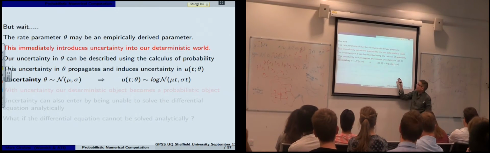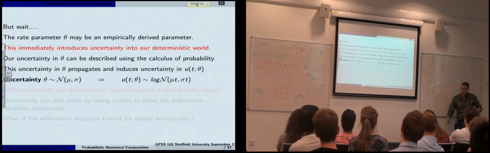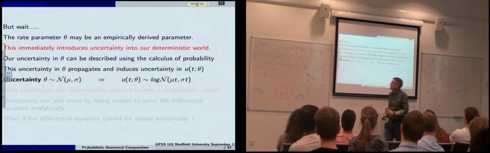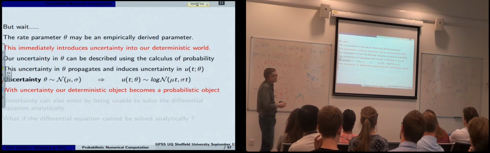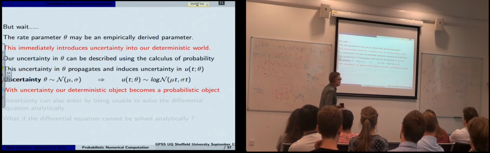So you can see that as time increases, our uncertainty is going to increase. So with any uncertainty at all, our deterministic object has become a probabilistic object.